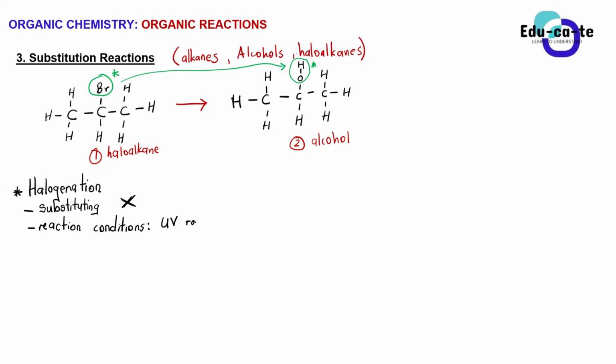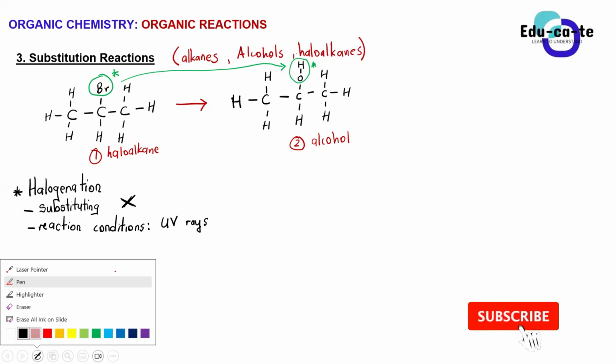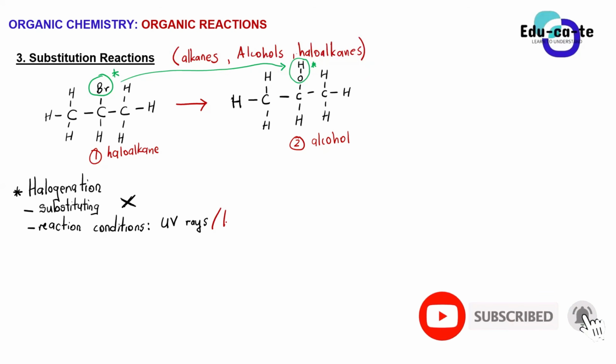These are rays coming from the sunlight, for example. So we usually require UV rays, or we need light. You can say UV or you can say light. So you can take the sun, or you can take any other thing that can be able to give us a light. Okay, so yeah, that is halogenation.